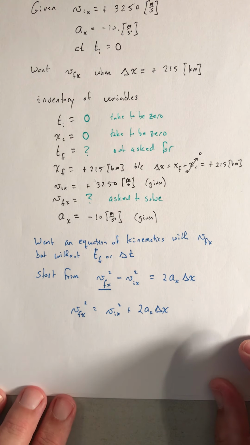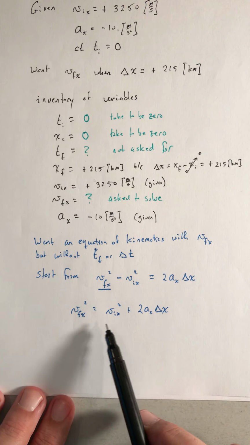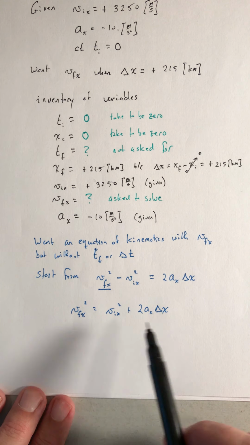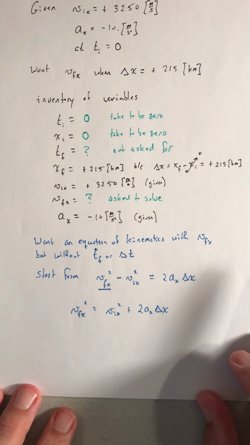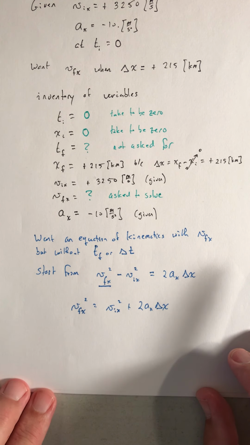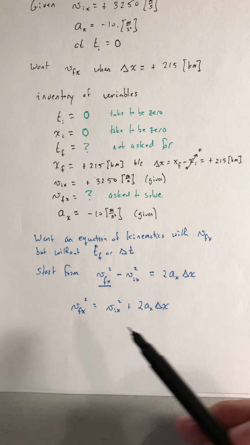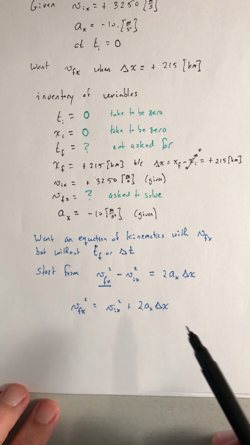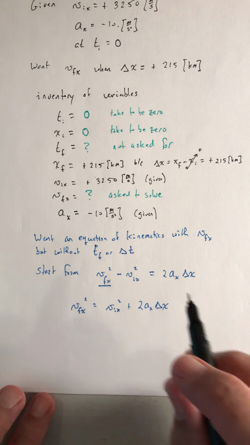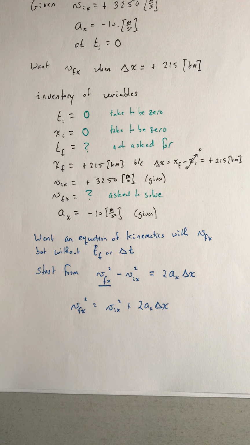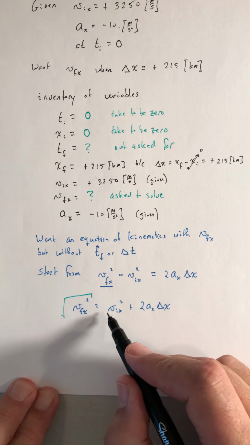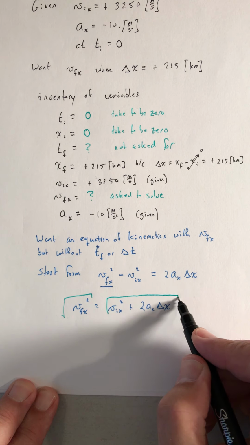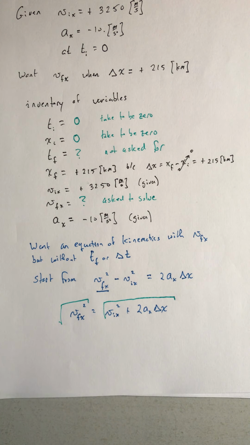Okay, and now everything on the right hand side is known. I can plug it in, and I have my one unknown that I need to solve for on the left hand side. Okay. So I'm going to resolve the square by taking a square root of both sides. So go through, do that, and now I need to be a little more careful.